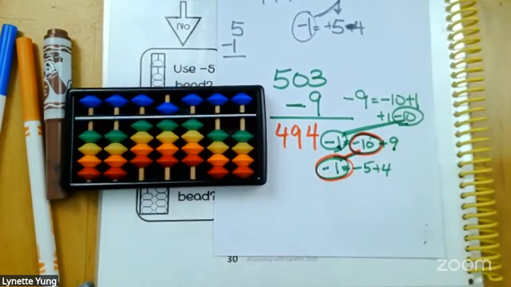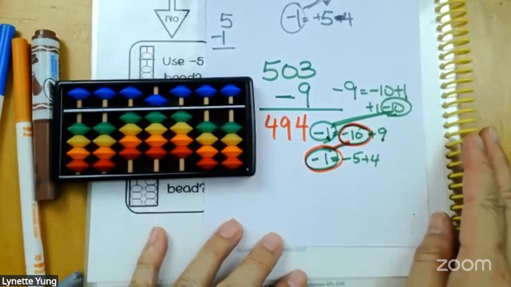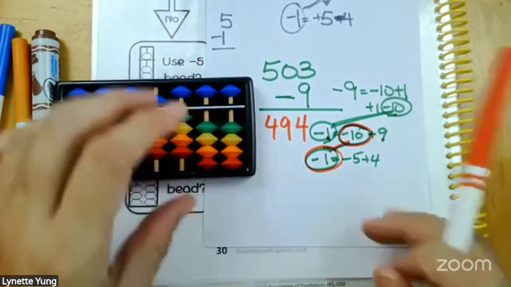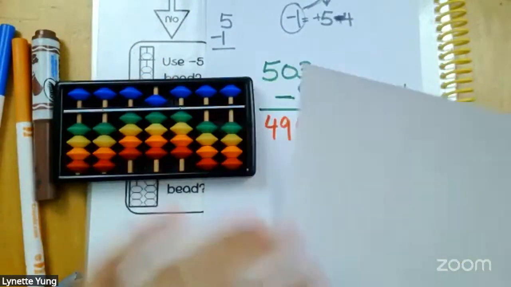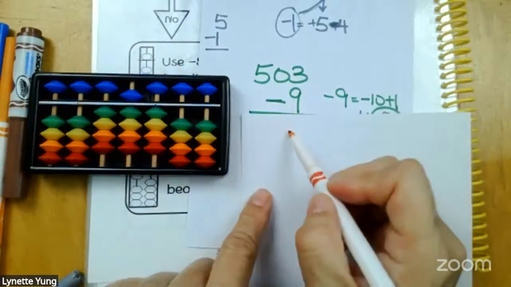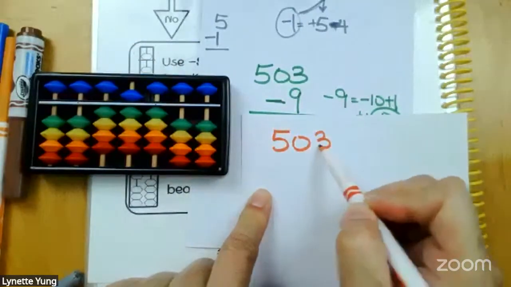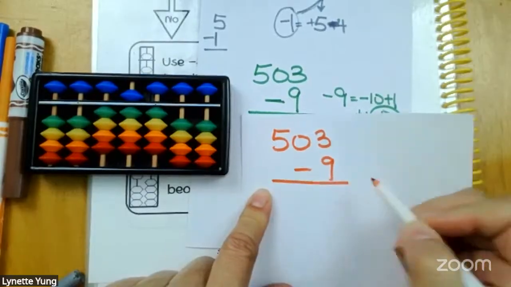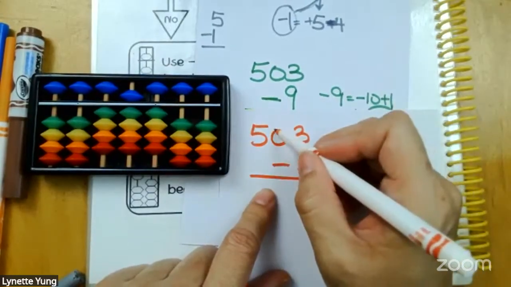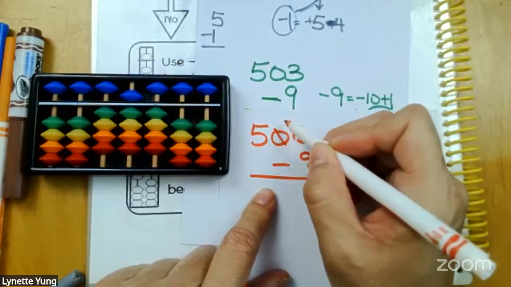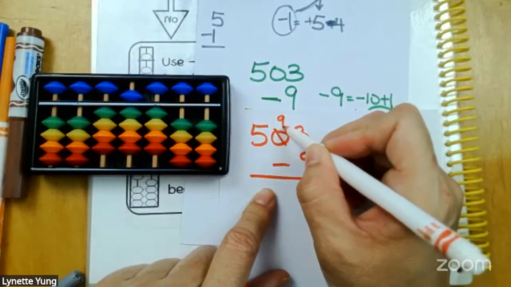Because if you were to do it in regular math, 503 minus 9, then you would change the 10. Cross this out, make this a 9.